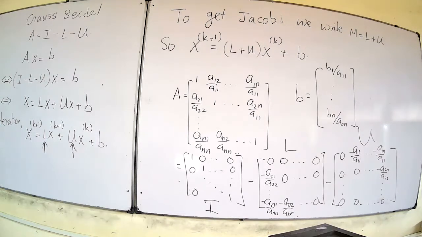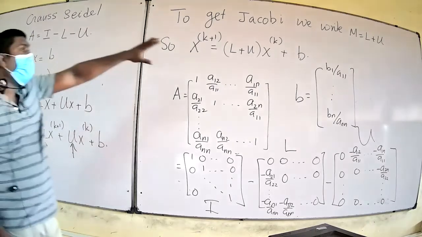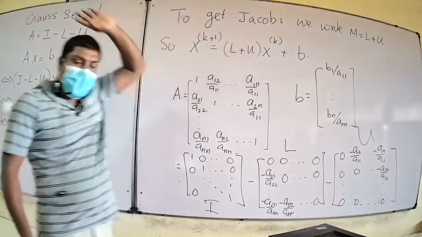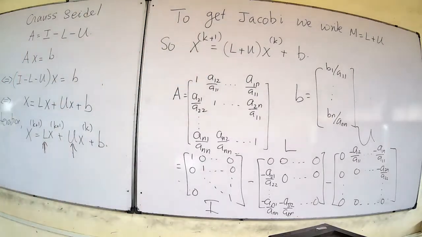Right, okay. So you can use the Jacobi iteration in this form or the element-wise form which I told you earlier, or you can use the Gauss-Seidel iteration in this form or the element-wise notation which we used earlier. Both of them will give you the same answer. So whichever is convenient for you, you can use it.